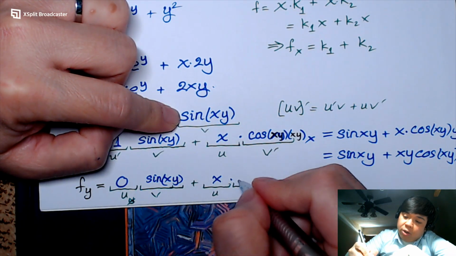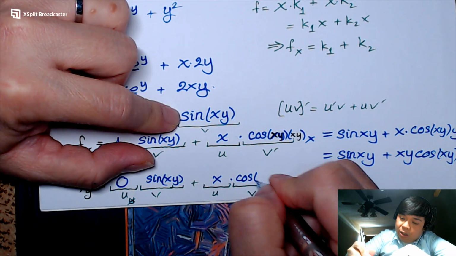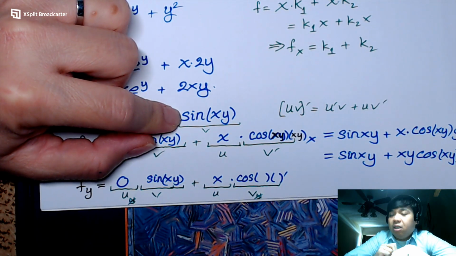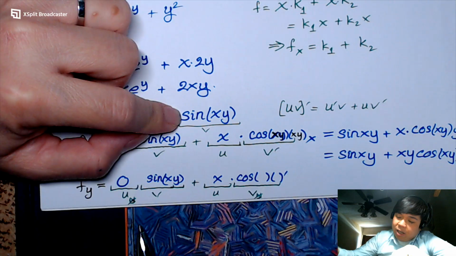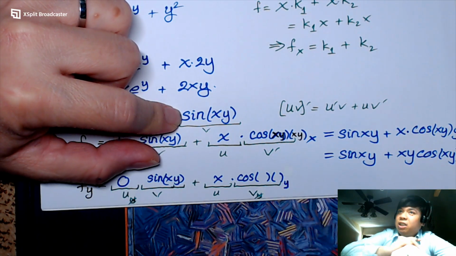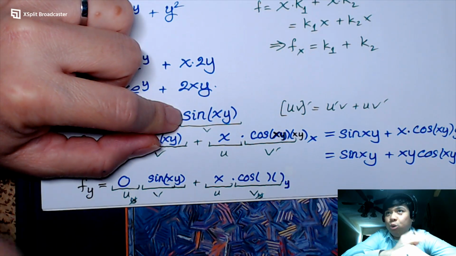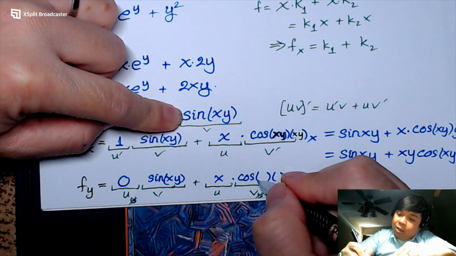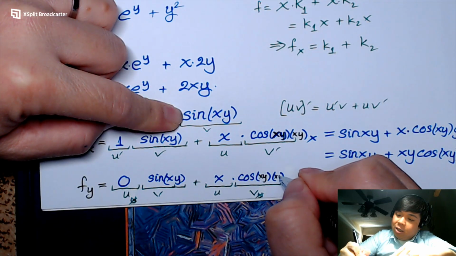In general, derivative of sine is cosine. And then the derivative of that inside. Instead of the prime there, it is with respect to y. Okay, so that's just the chain rule here. So we have xy, xy.